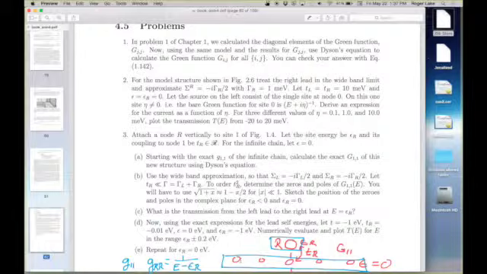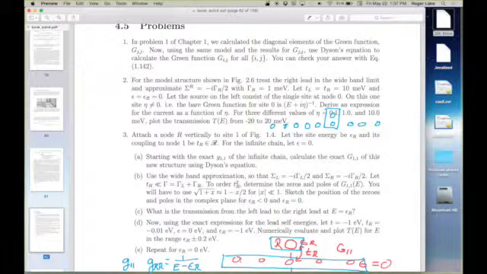Once we hook all this together, your system looks like this: you have your left lead, you have your right lead, and then your device is this thing in the middle.